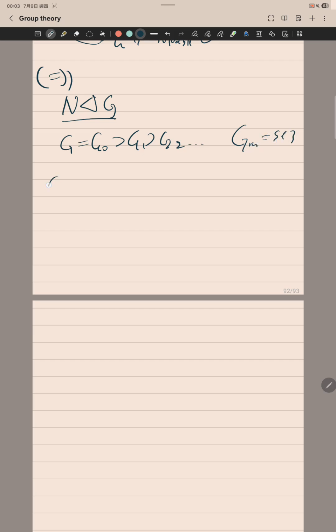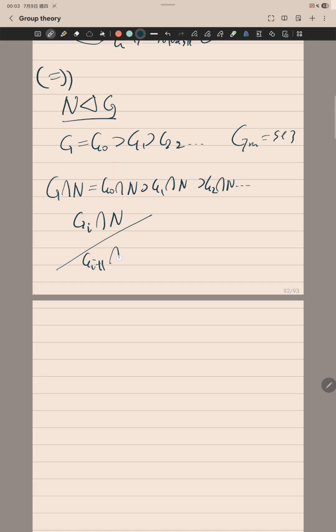Now let's do the intersection: G intersection N, G_0 intersection N, G_1 intersection N, G_2 intersection N. My claim is the following: I claim that G_i intersection N quotient G_{i+1} intersection N is abelian, using that G_i divided by G_{i+1} is abelian.